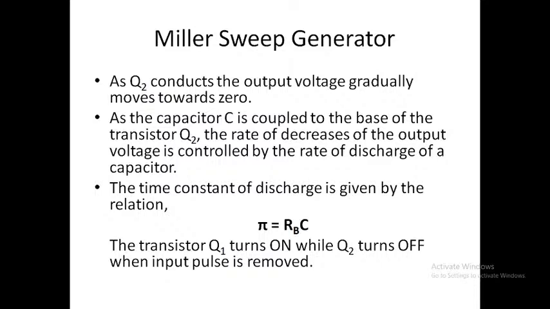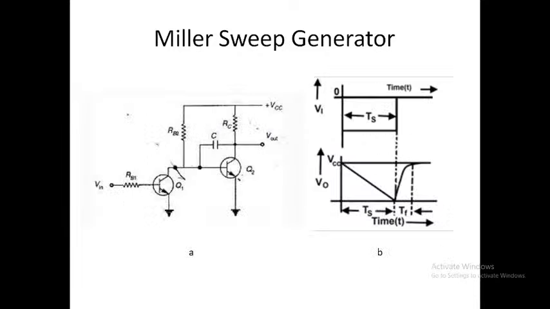Then the capacitor charges quickly to VCC. So the waveform of the generated sweep is shown in figure B. You can see the sweep time and fall time or restoration time in this figure B. So this is the Miller sweep circuit.